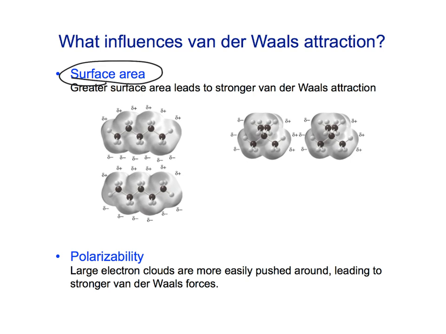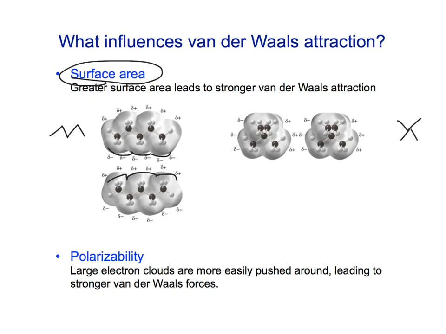So let's look at 2 different molecules. So this is pentane, so it's a 5-carbon hydrocarbon, and what we see is that because there's a lot of surface area here, there's quite a lot of van der Waals interactions compared to this molecule over here.